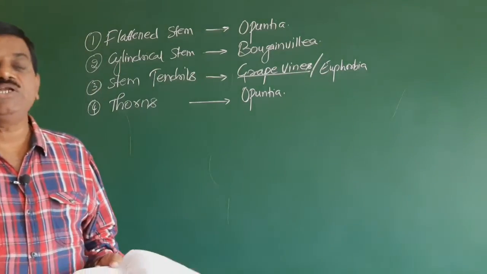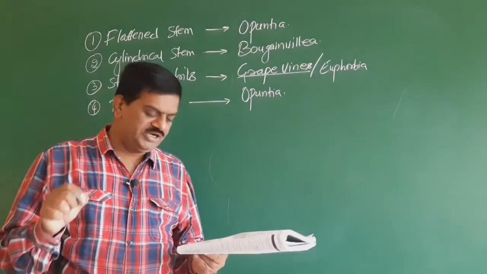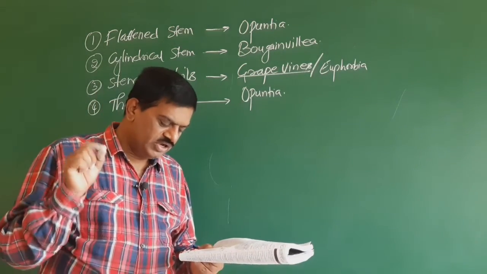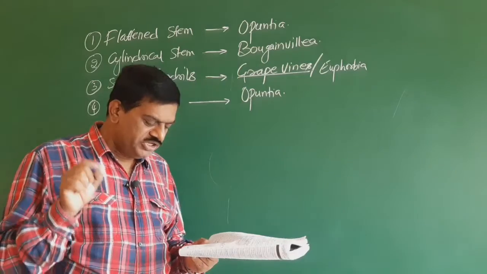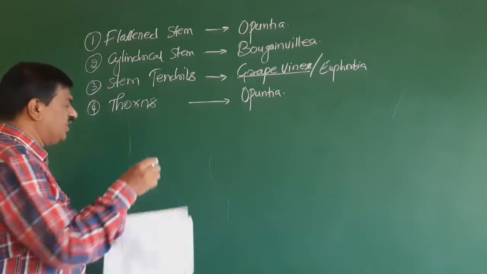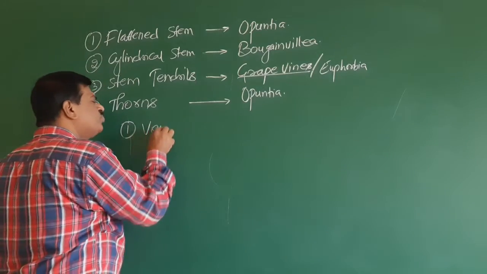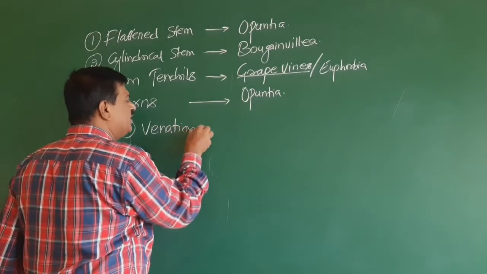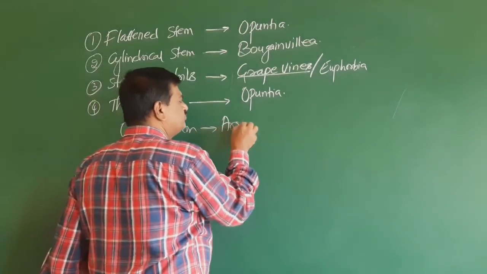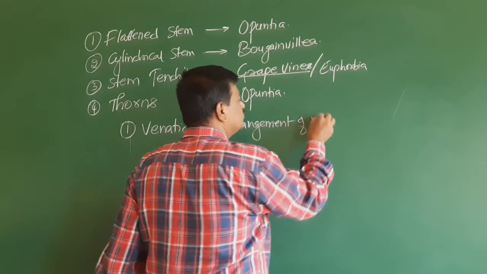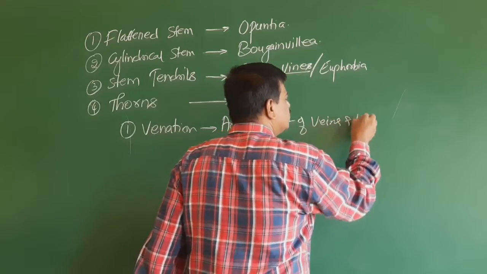The pattern of arrangement of leaves on the branch is known as, the first one is venation. The word venation is nothing but arrangement of veins and veinlets.